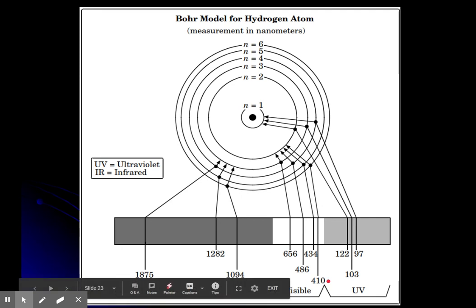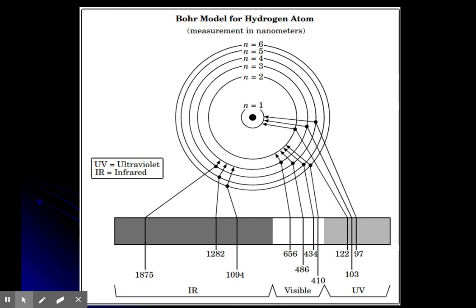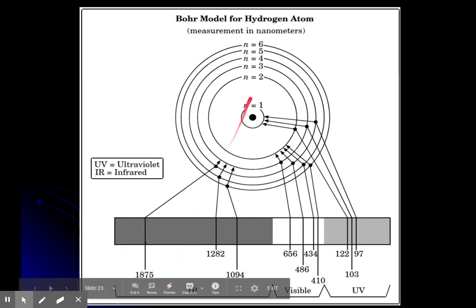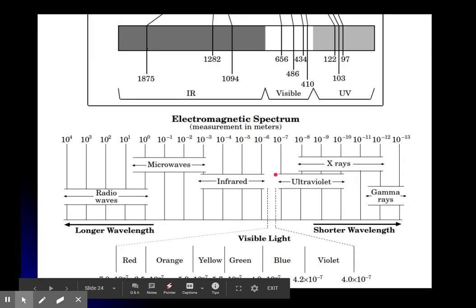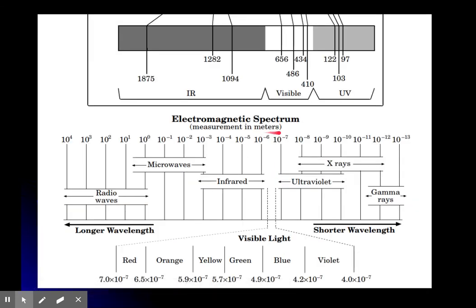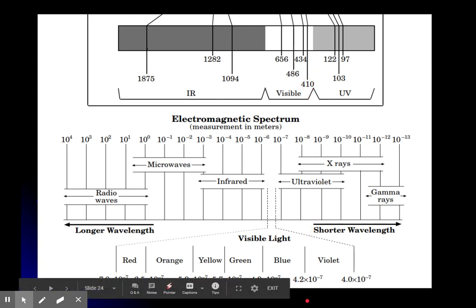Now, if we didn't already know that it was purple, we could use the bottom of this same page on our reference tables and figure out what color it is. There is a difference in units. This is measured in nanometers. This next one is measured in meters. The transition we saw was 410 nanometers, so down here we're going to look for 4.1 times 10 to the negative 7.